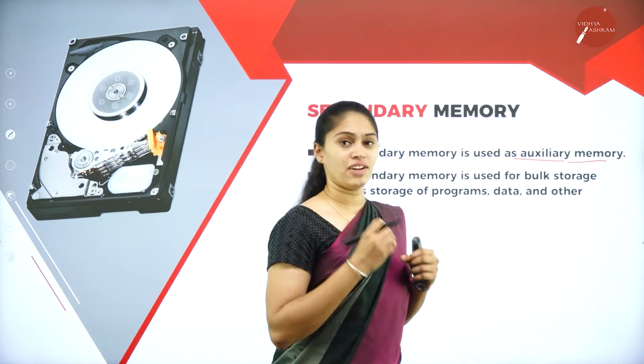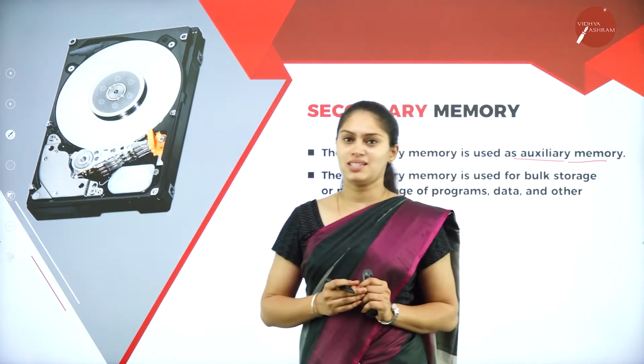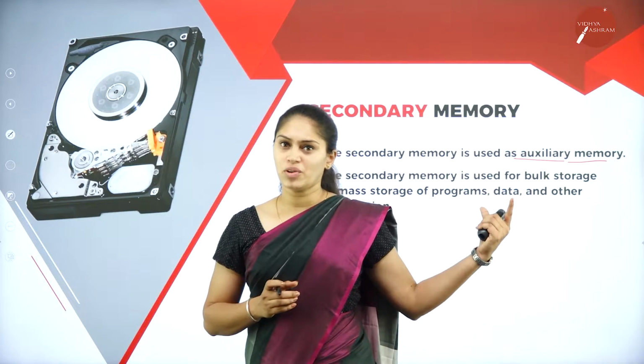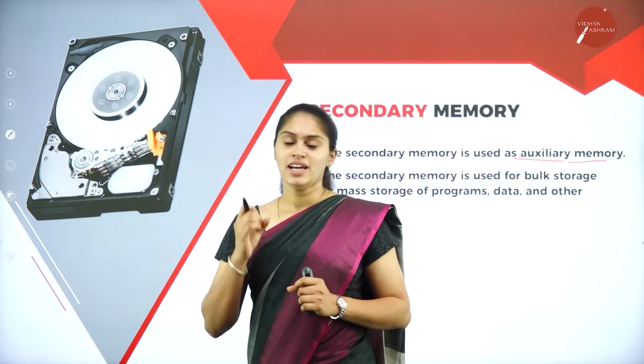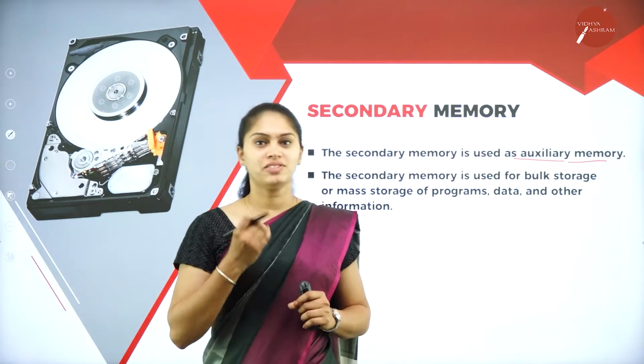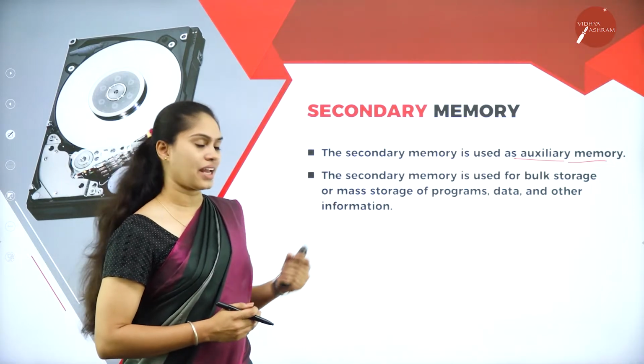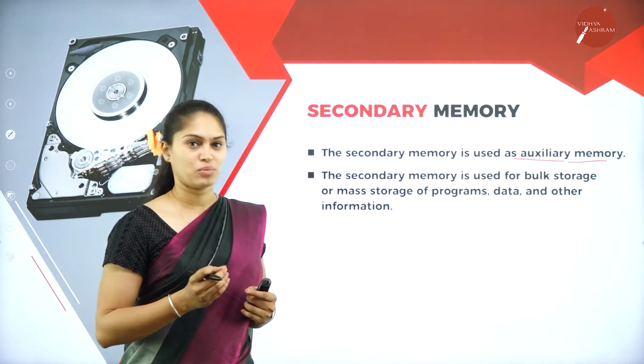Why? Because it is going to hold the data and information which is required immediately for the processing. But in this secondary memory, that is auxiliary memory, it is going to store the data and instruction which is not required for the instant processing of the data and information. So we can call this an auxiliary memory, right?